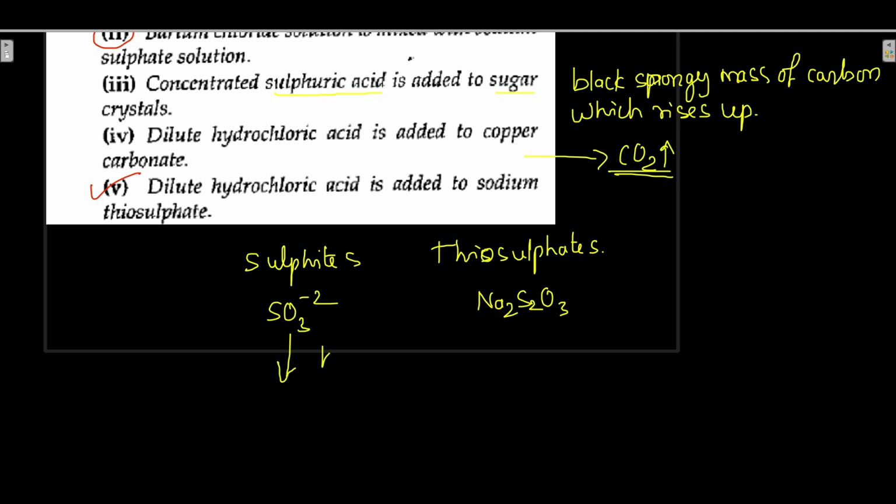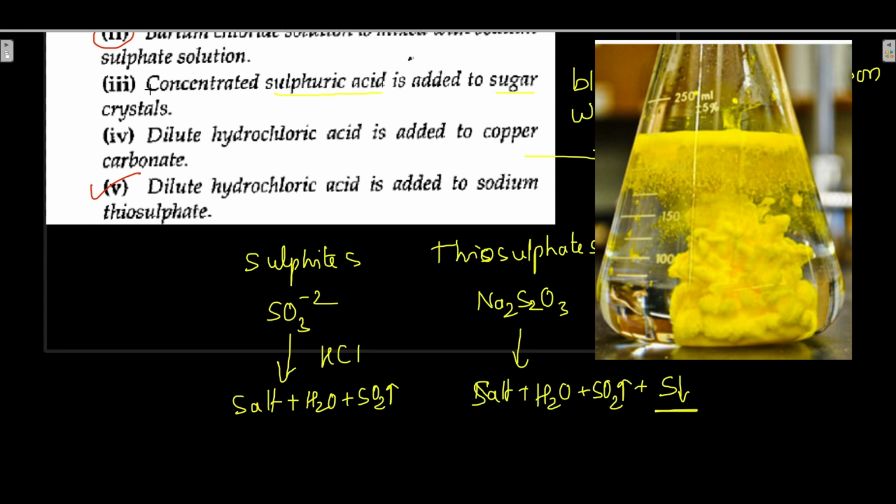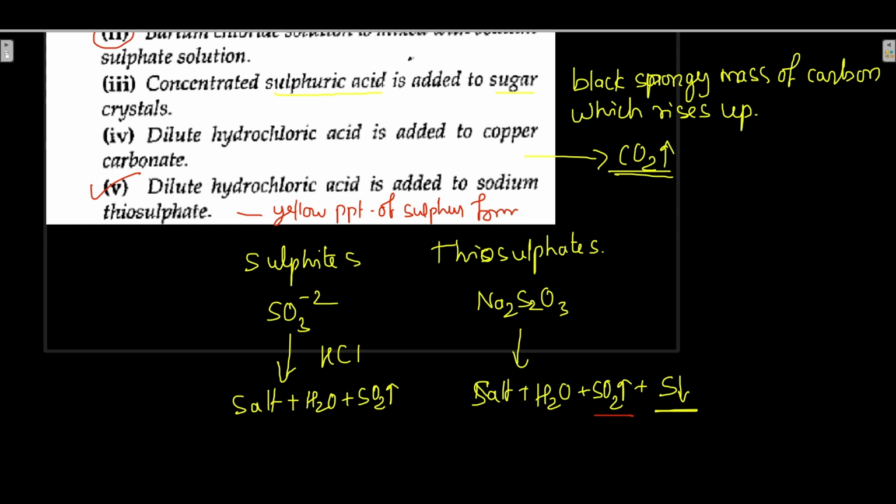Both will give with HCl the respective salt plus water plus SO2 gas. Same thing happens here also. You will get respective salt, water and SO2. Along with that, there will be a yellow precipitate formed which is sulfur. So that's the difference. You can write here observation for SO2 gas as well, but the main one will be your yellow precipitate of sulfur formed.